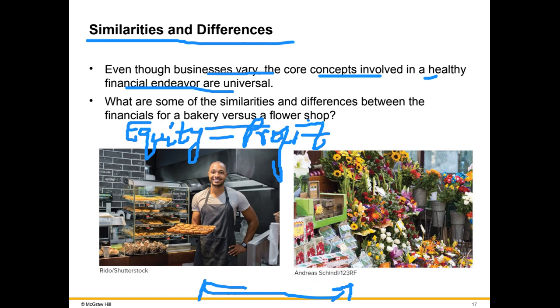So what is inventory turnover in the bakery? What is inventory turnover in the flower shop? Okay. The main concepts are the same, even though the businesses are apparently very different from each other.